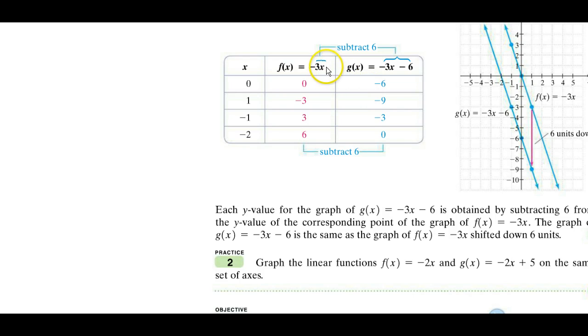For this one, our y-intercept is going to be 0, so it goes right through 0. But now in this one, our y-intercept is negative 6, and it drops down there to negative 6. Now the slopes are the same, and we'll be working on that as well.